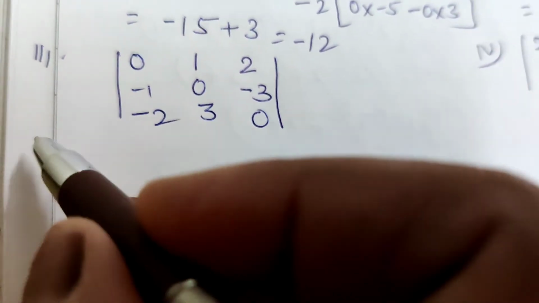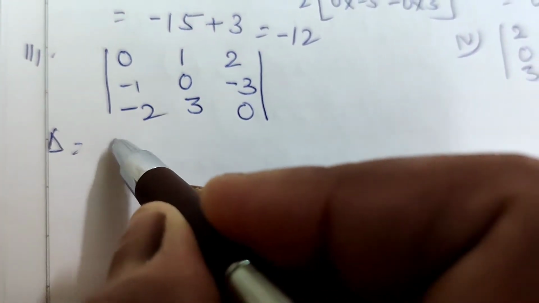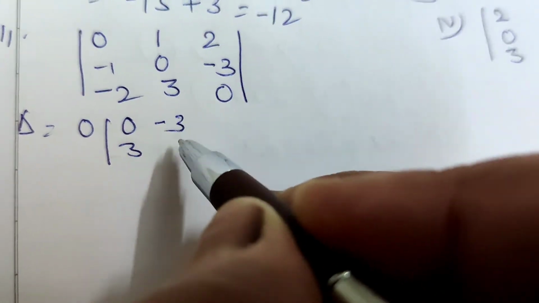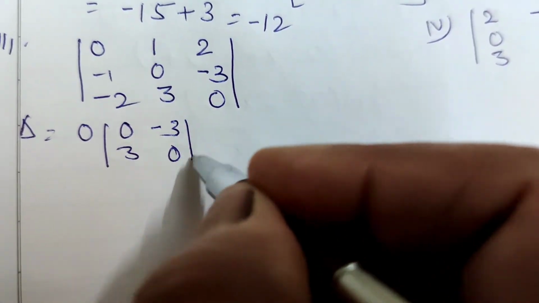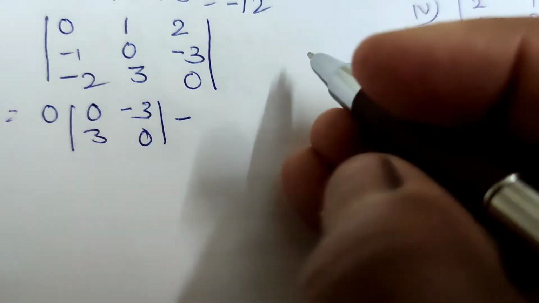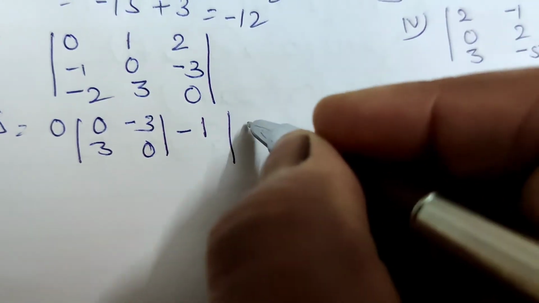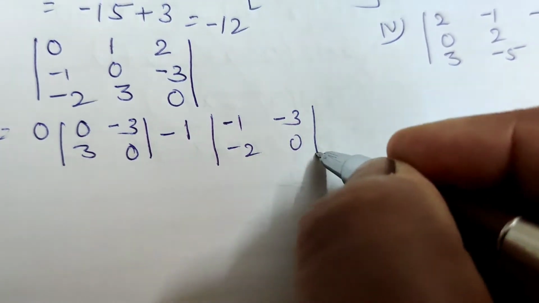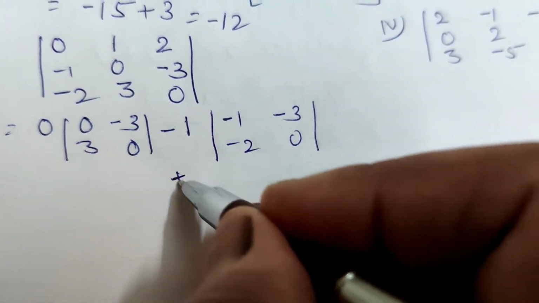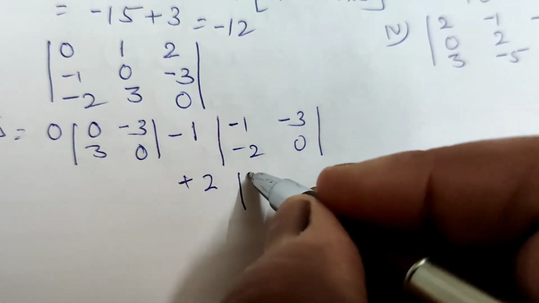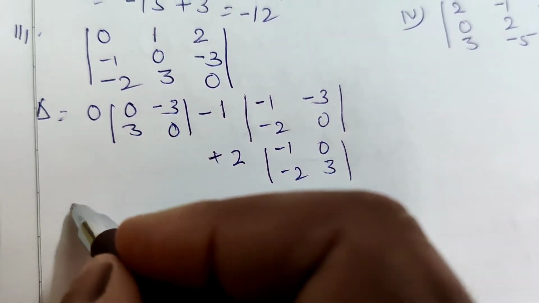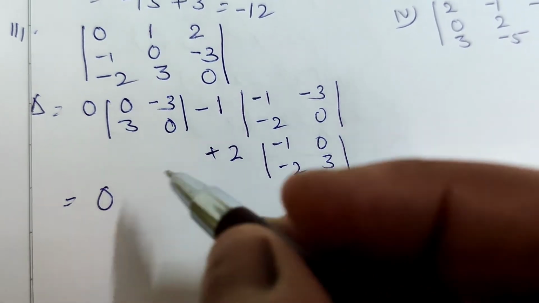Now the third one. First is 0 multiplied to 0 minus 3, 3, 0. Second number is 1, it means minus 1 multiplied to minus 1 minus 3, minus 2, 0. And the third number plus 2 multiplied to minus 1, 0, minus 2, 3. So this will equal to 0 clearly.